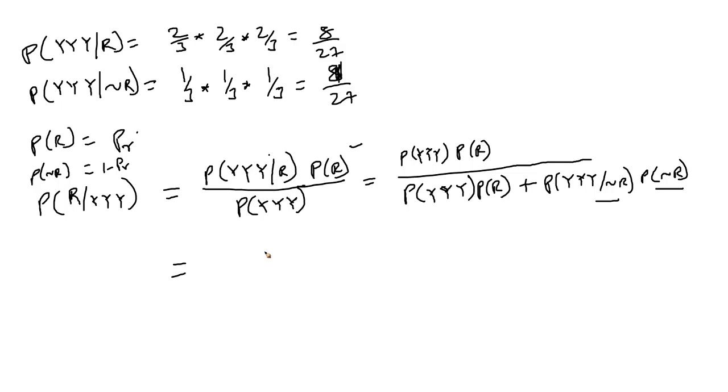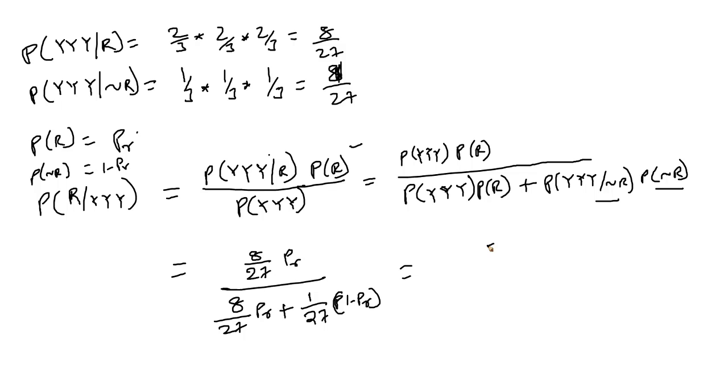So in this case it's 8 by 27 PR, divided by 8 by 27 PR plus 1 by 27 times 1 minus PR, right?